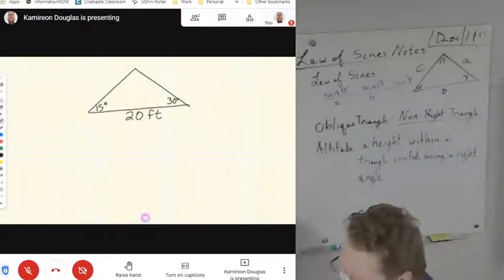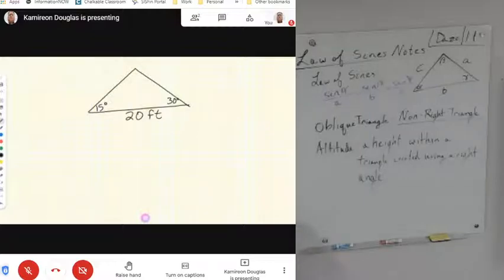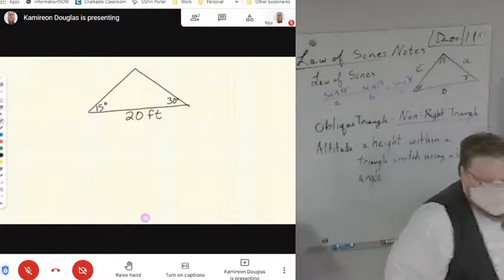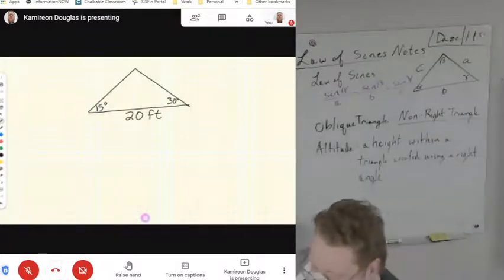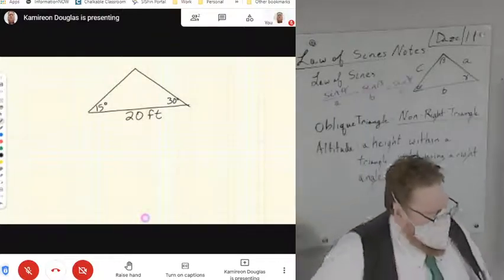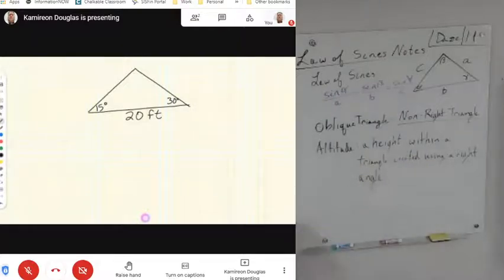Okay, 15 degrees is a known. 30 degrees in another angle is a known. 20 feet on one of the sides is a known. So you'll notice that I am given 3 pieces of information. Your task in your homework will say, find all missing pieces. Find all missing sides. Find all missing angles.